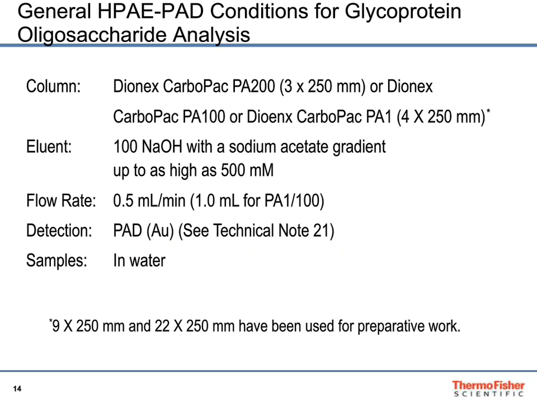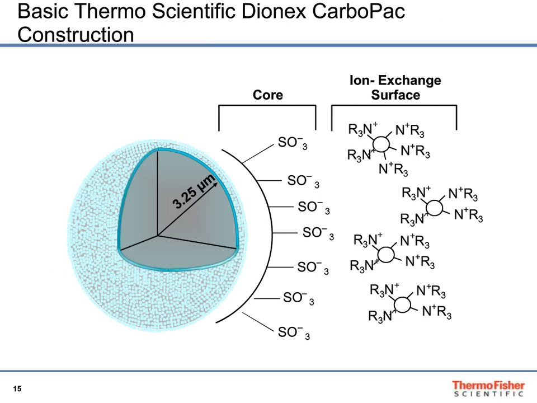And then, as mentioned at the bottom there, these columns are available in much larger formats for preparative and semi-preparative applications. So the way we make these columns, and I should point out that not only our system has to be tolerant of the high pH, the column has to be tolerant of the high pH. So a silica-based column you use for HPLC you can't use for this technique because it would simply dissolve in that mobile phase of sodium hydroxide.